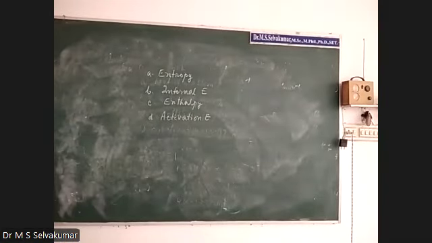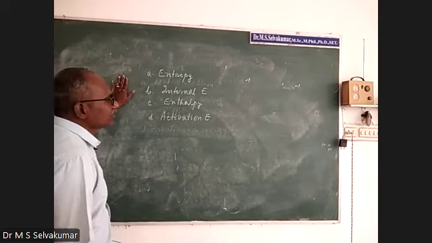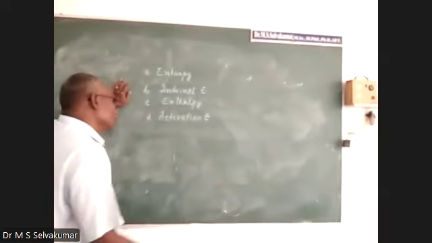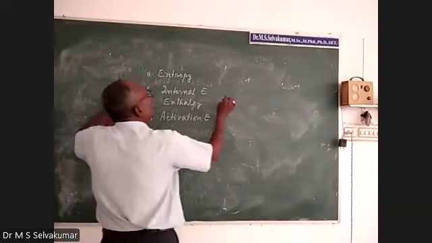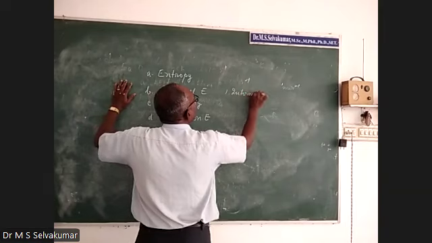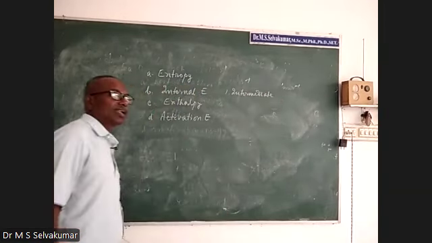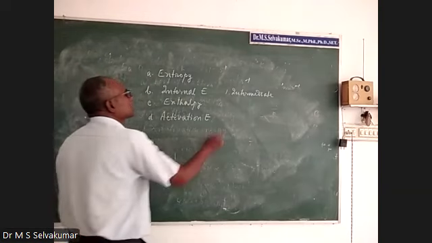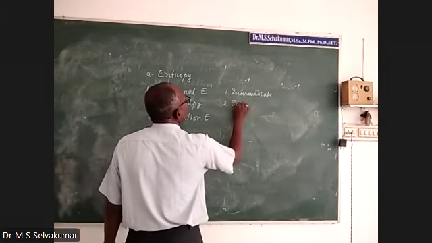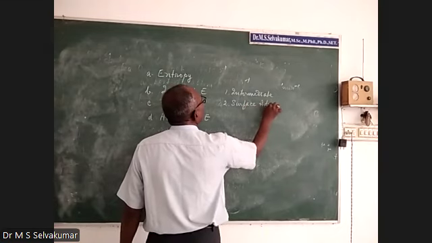because a catalyst is finding an alternate mechanism for a reaction to proceed at a faster rate. For the catalyst, there are two types of theories. Number one is called the intermediate compound formation theory, where the intermediate is found to be highly energized and unstable. And the second one is the surface adsorption theory. The reactant molecules are adsorbed on the surface.